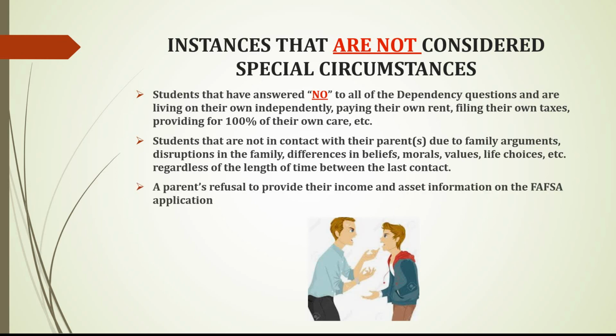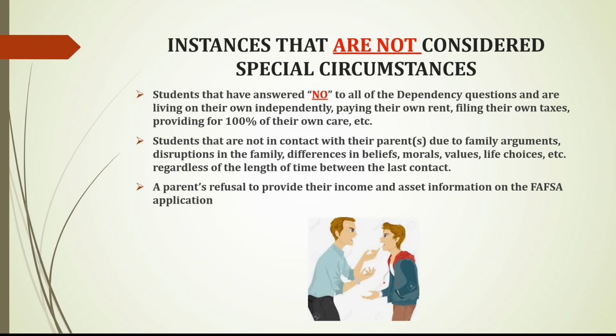And the final one is a parent's refusal to provide their income and asset information on the FAFSA. There are times where, because the student may be independent and living on their own, the parent feels like they don't need to provide their information and they refuse to. They don't want the school having that information.